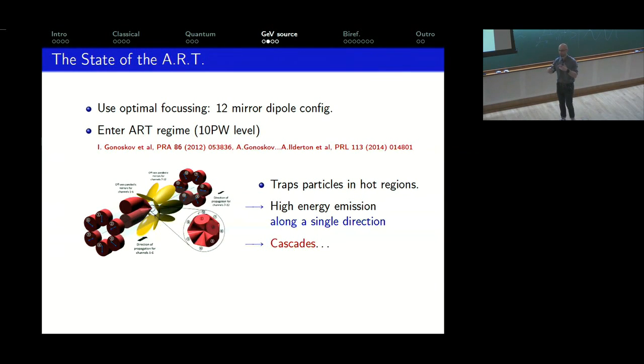It's just an array of 12 mirrors arranged in 2 belts in a particular way, such that for a given incoming laser power, you get the highest possible field strengths in your laser focus. It's like the inverse of dipole antenna radiation. So the light is focused down, radially polarized, into a point. You get very, very high field strengths.